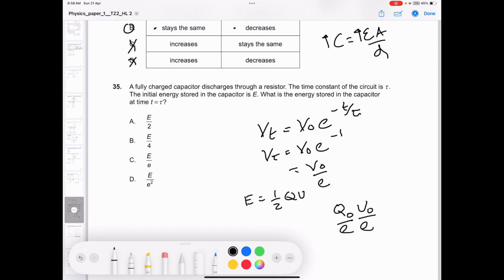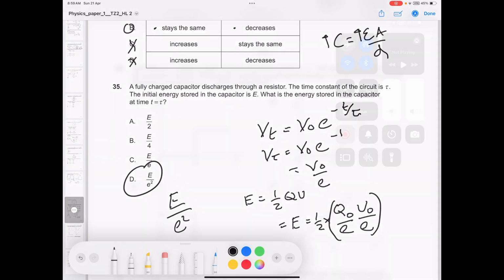So you can see then the energy is going to be equal to a half times Q naught V naught all over e squared. So this is equal to E all over e squared.